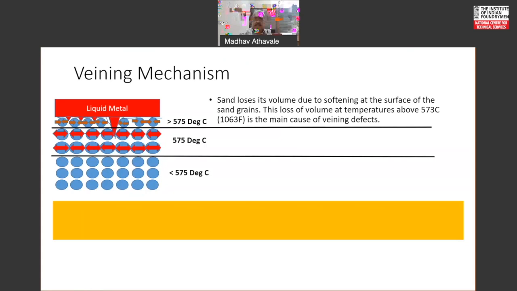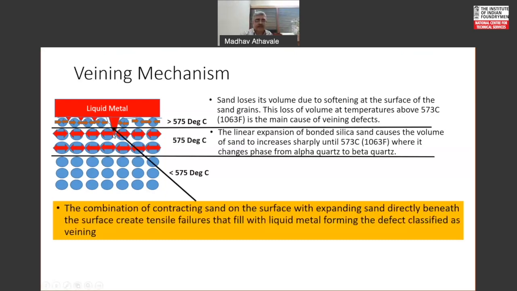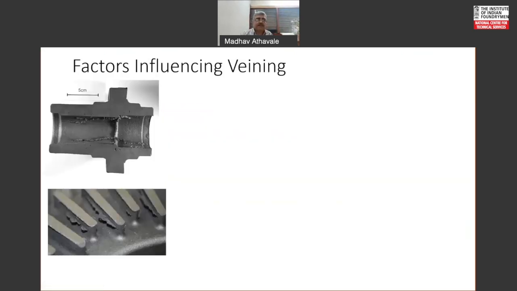Contracting sand on the surface and expanding sand directly beneath the surface creates tensile failure, and that will cause a crack in the surface and liquid metal gets into it. As you can see, here are a few pictures of veining happening. You can see a section of what looks like a hub.